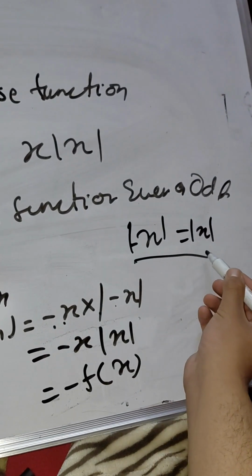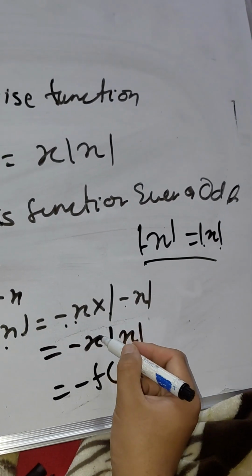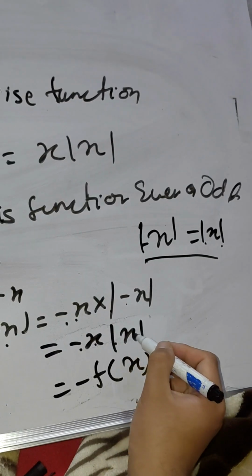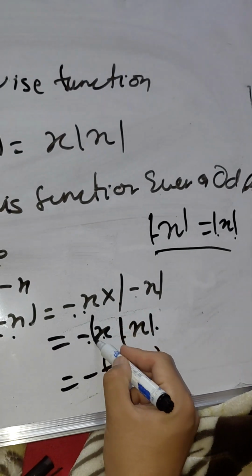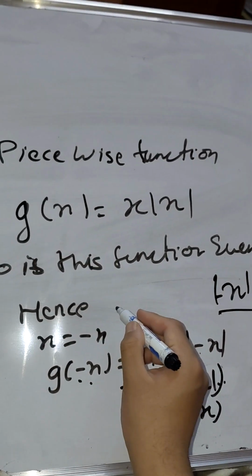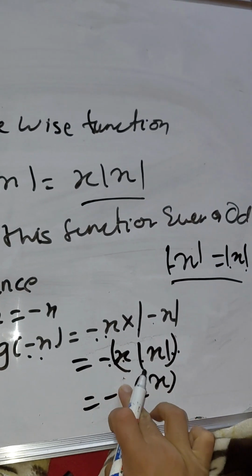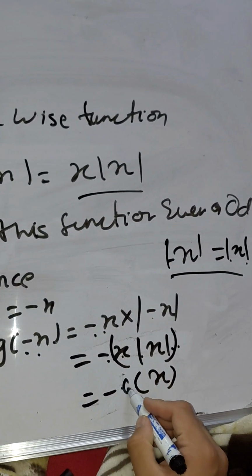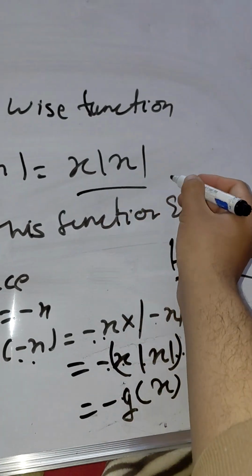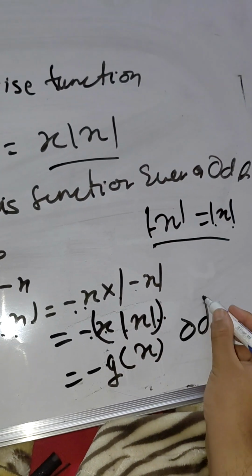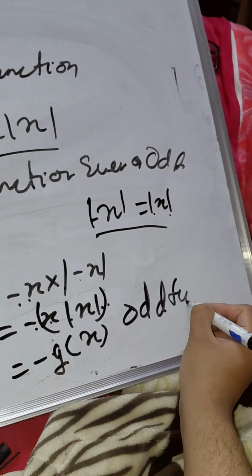Mod of minus x is equals to what? Mod of x. So minus x times mod of x. Now this part here is the function itself, g of x. So we can simply write minus g of x. So what is this? This is an odd function.